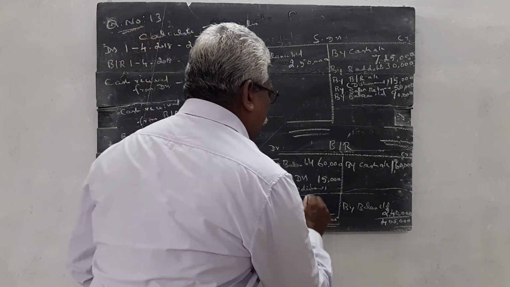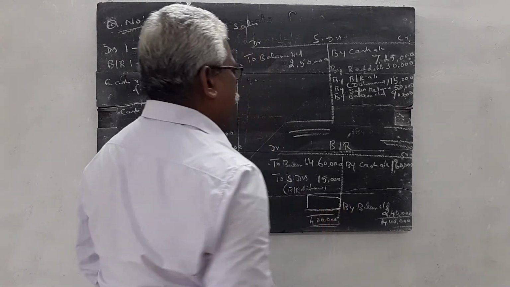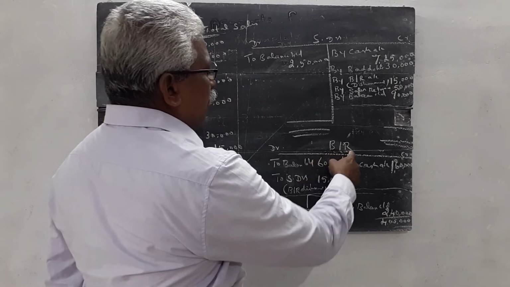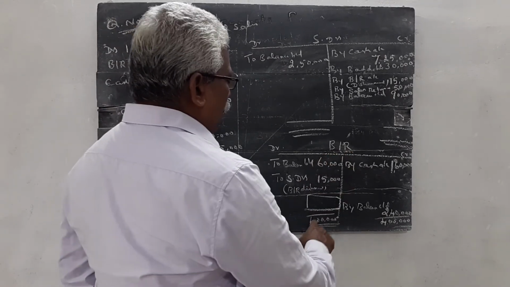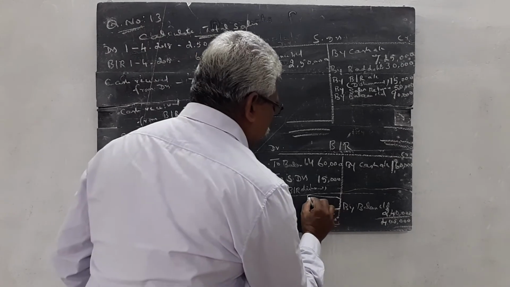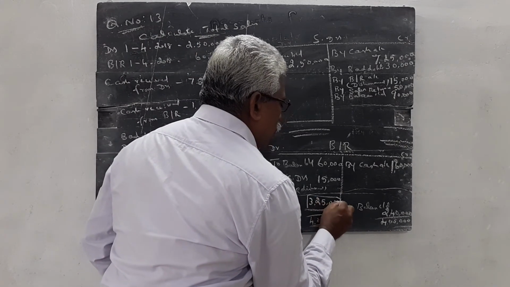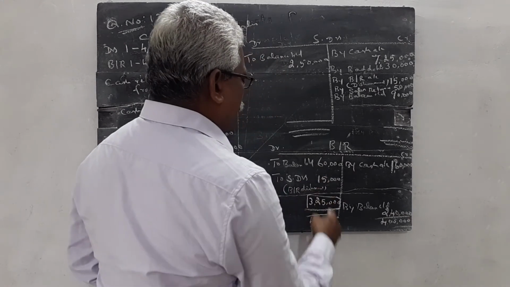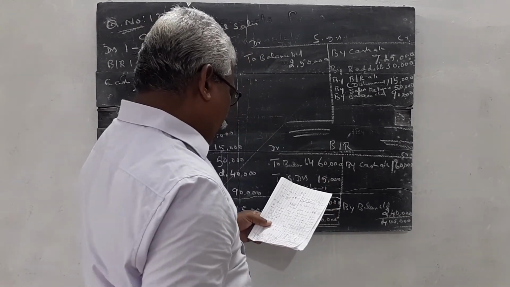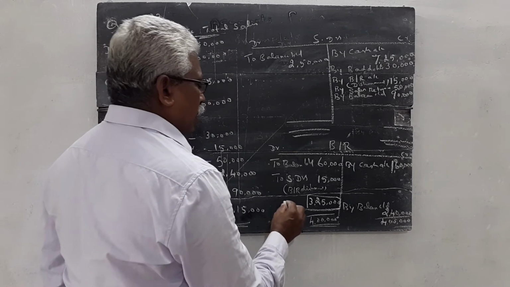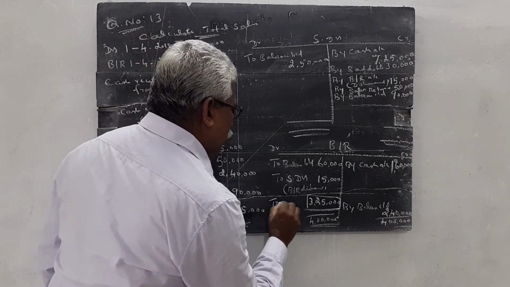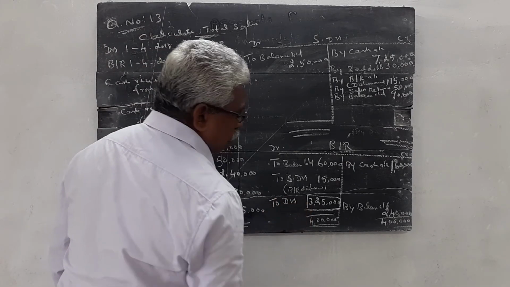The difference is the answer. Difference is bills receivable received this year. 4 lakh minus 75,000 is equal to 3,25,000. This amount is transferred to sundry debtors account.